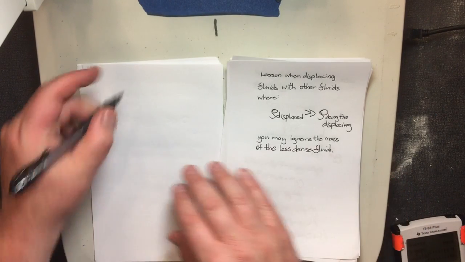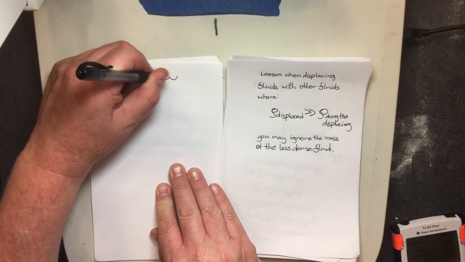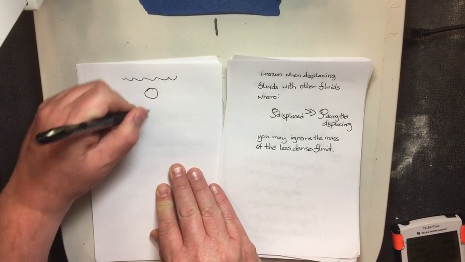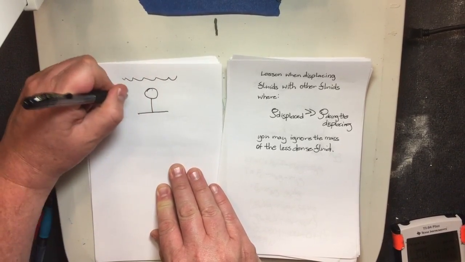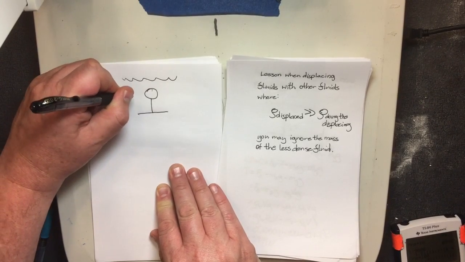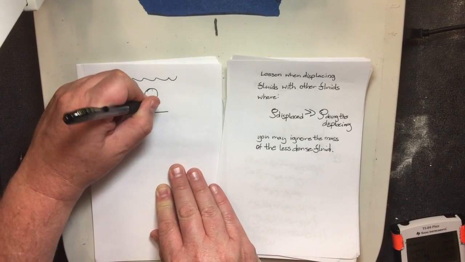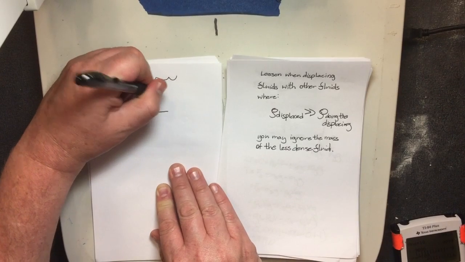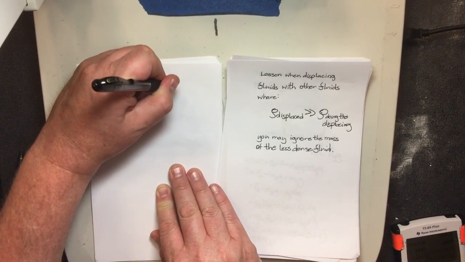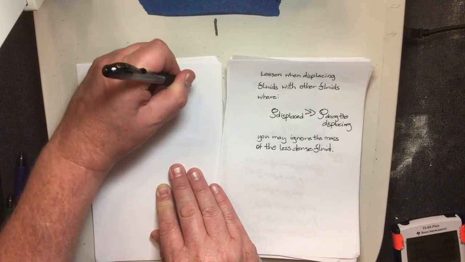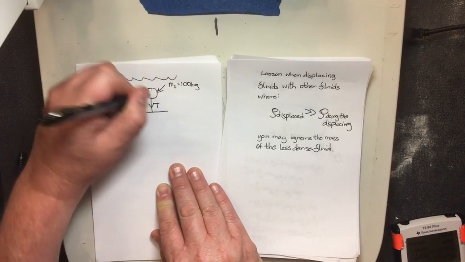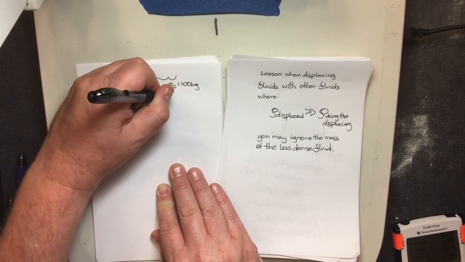Let's say in this last example, water, hollow, I won't need to know the tension. The mass of the shell is 100 kilograms. It's filled with a gas.